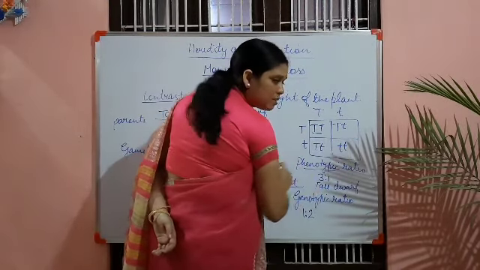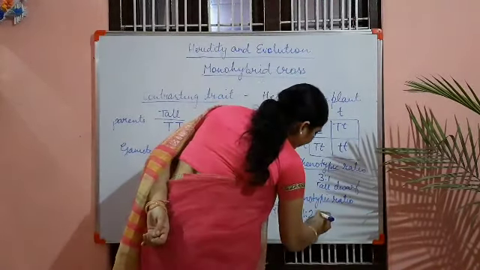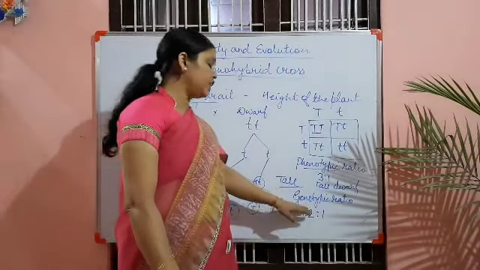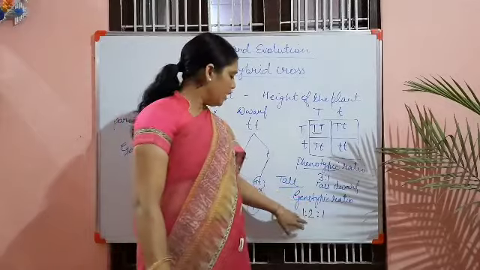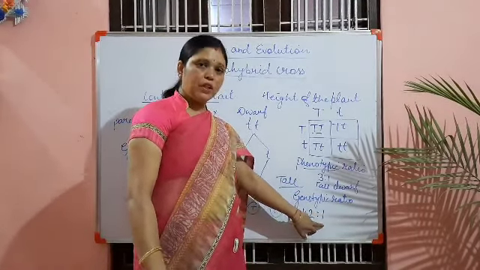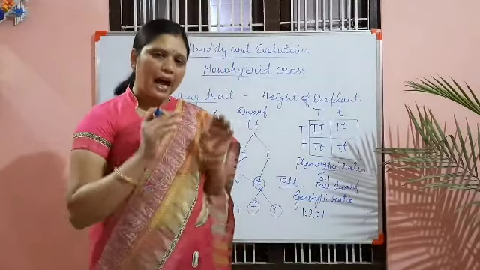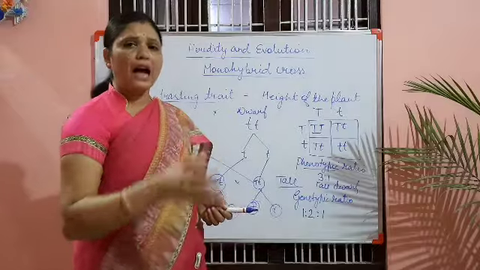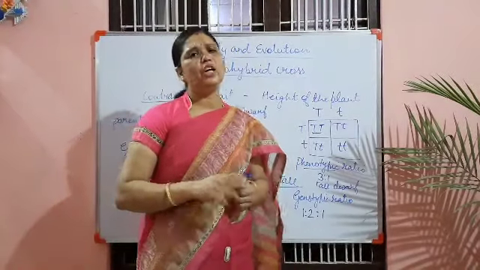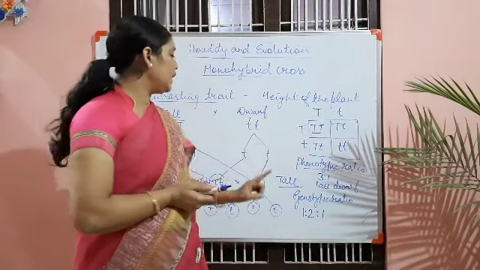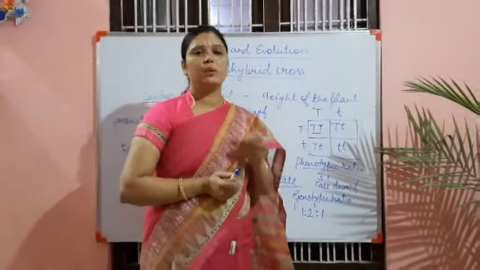This is also different, so we'll write 1. So the genotypic ratio, because it is on the basis of genes, will be 1:2:1. It never changes. Either you are taking the height of the plant, or out of 7 contrasting traits you can choose any one and make a cross, but the genotypic and phenotypic ratio remain the same.